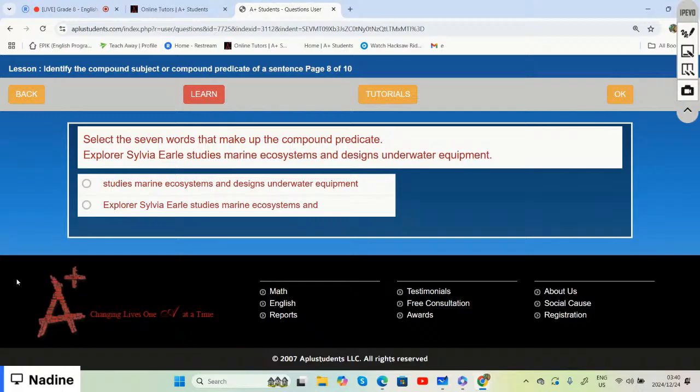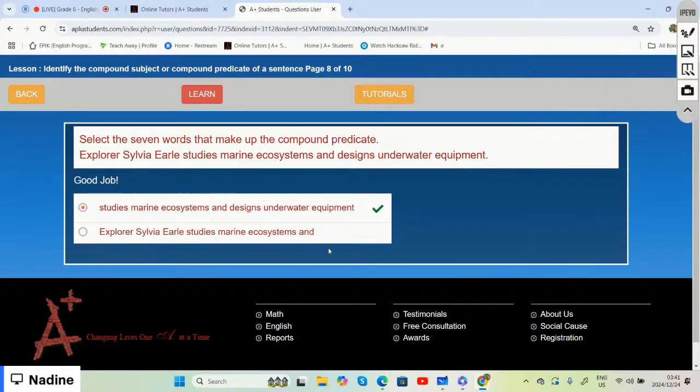And if we were to choose, we will say studies marine ecosystems and designs underwater equipment. All right.